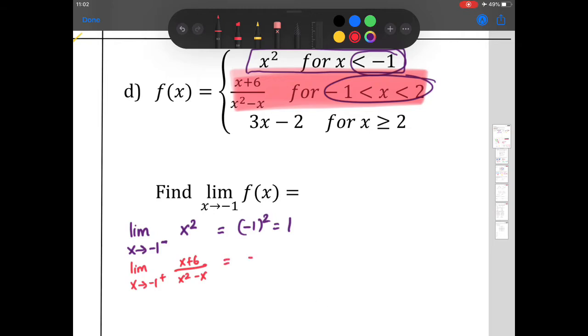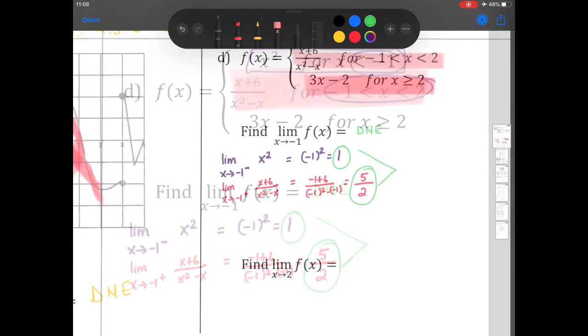Basically, you're just substituting in -1, so -1 plus 6 over (-1)² minus -1. So in the numerator, you end up with 5 over 2. So look here, from the left we had 1, from the right we have 5 halves. Are they both the same? They're not the same, so the limit does not exist.